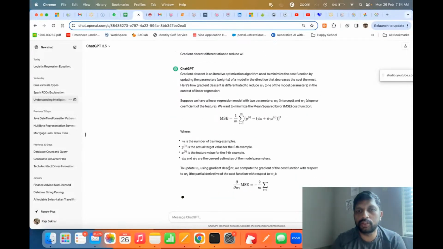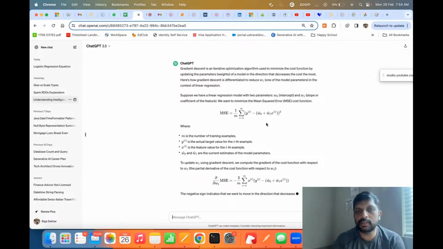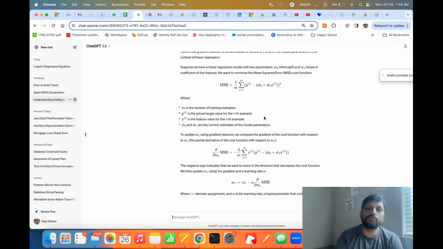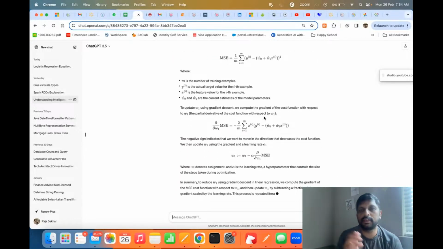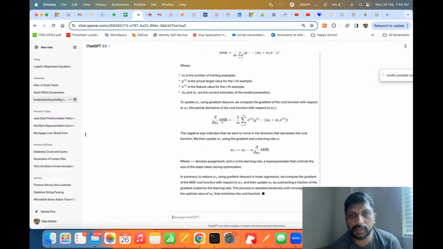As I said, w0 and w1 are the variables in the mean square error, and those impact the cost function, which is the mean square error. So what it says is the new value of w1 is equal to w1 minus alpha times the differential of the mean square error, this equation, by w1.